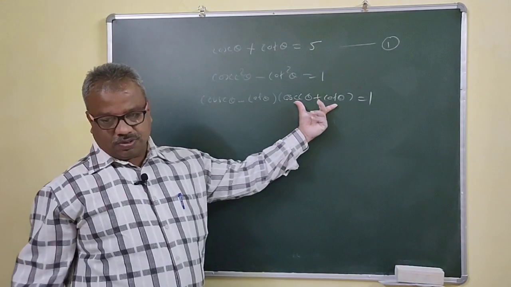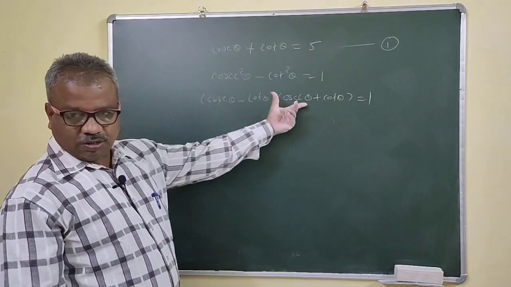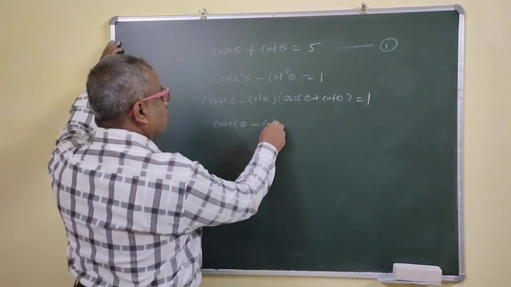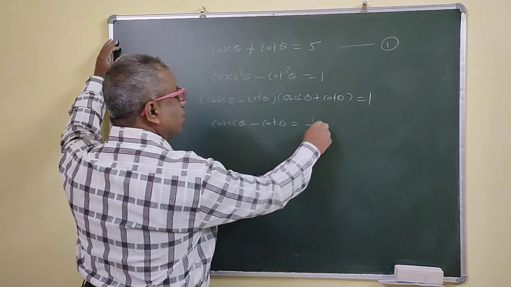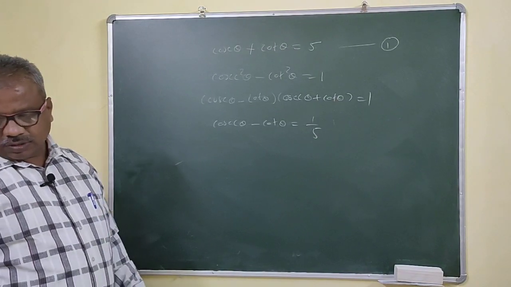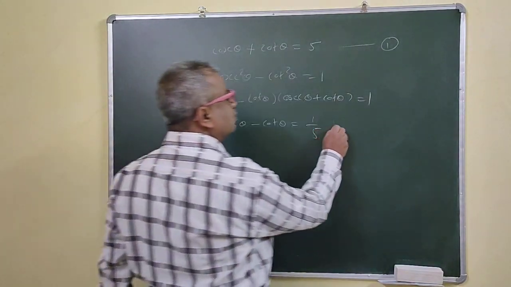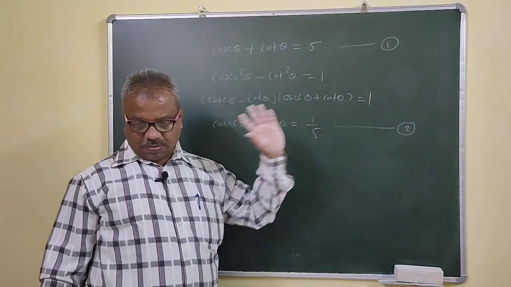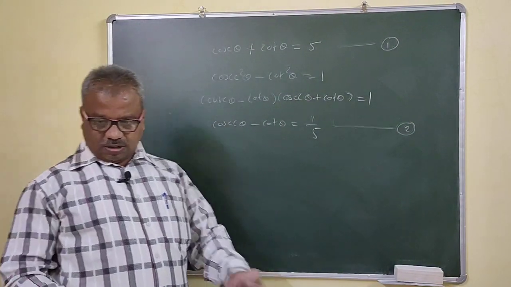Now this value is 5, so cosec theta minus cot theta is equal to 1 by 5 now. We will take a direct step for this one. This is 5, so this is 1 by 5.